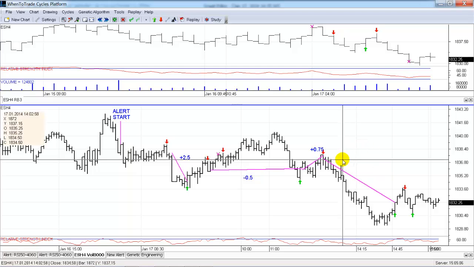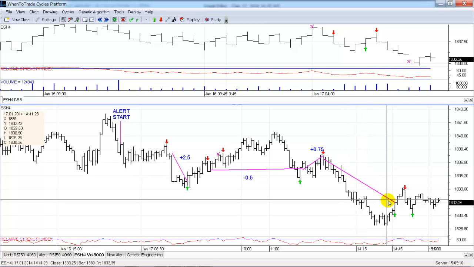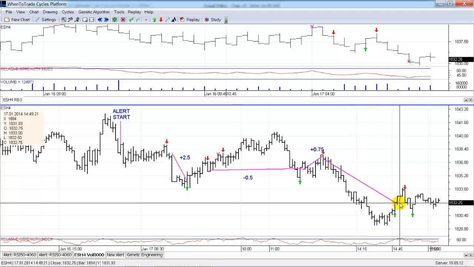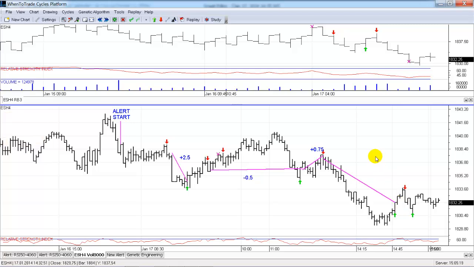And this one gave us 1834.5, 1836.25, so plus 1.75 points here, this trade. Then we went long from this point until the next short signal came in here.